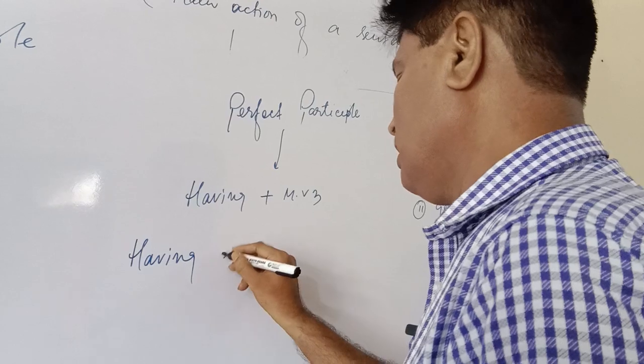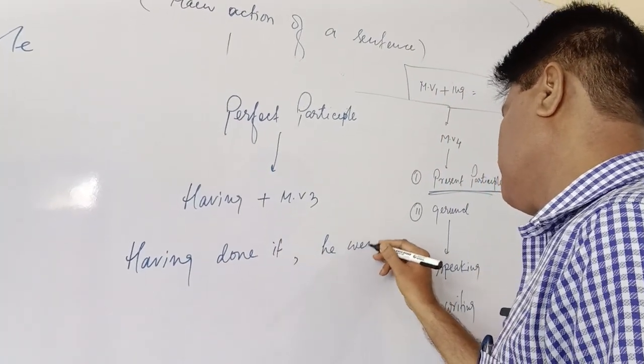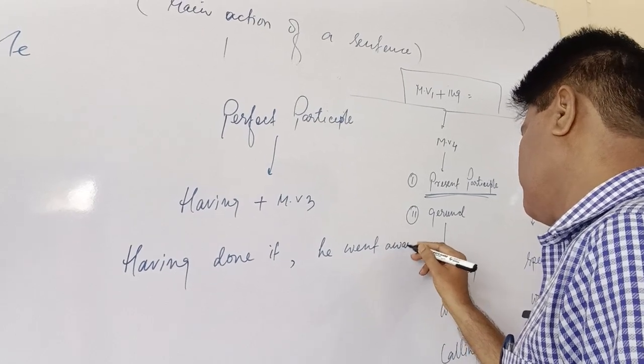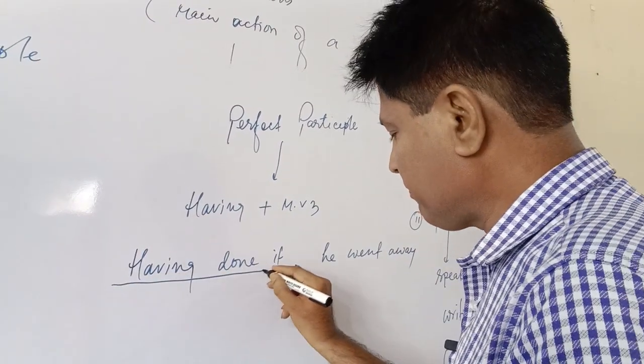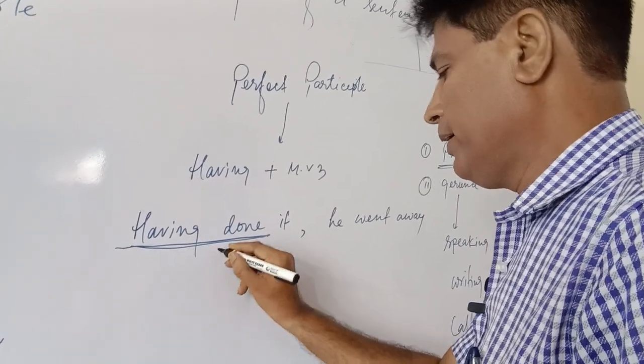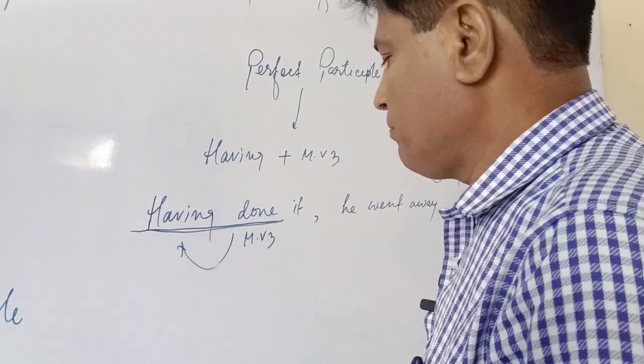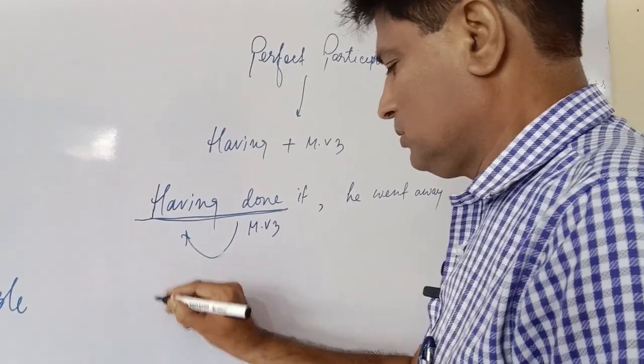Having done it, he went away. So having done will be perfect participle: main verb 3 form, and before that you are using having as participle 1.